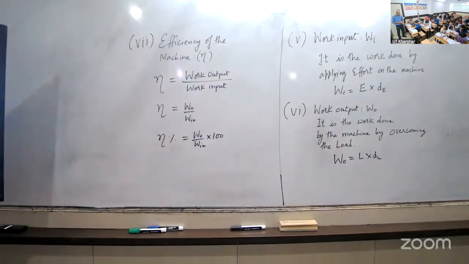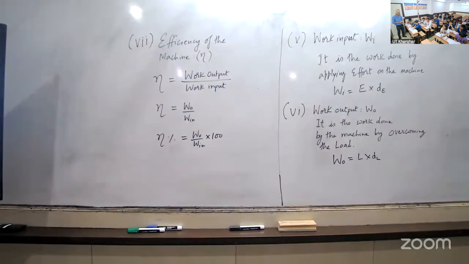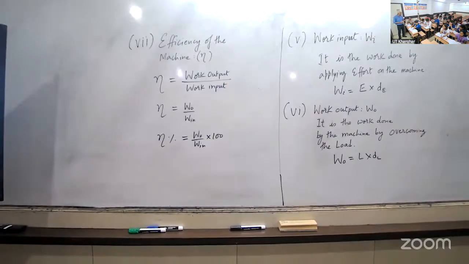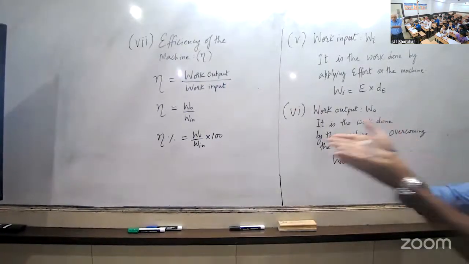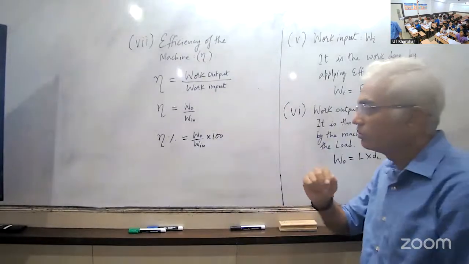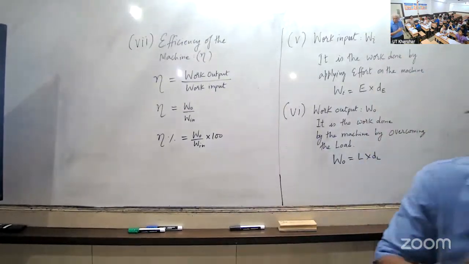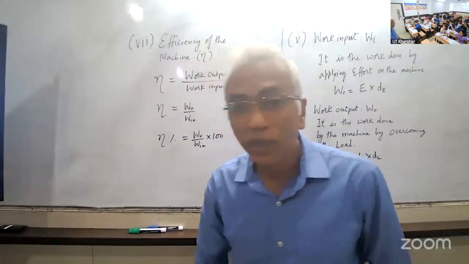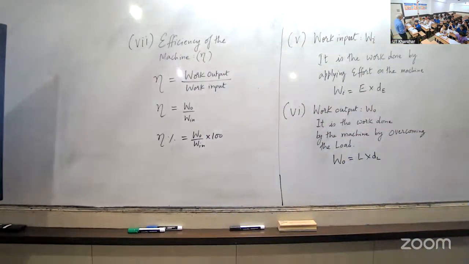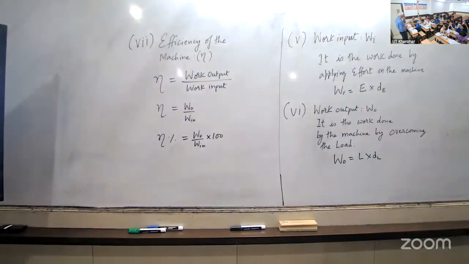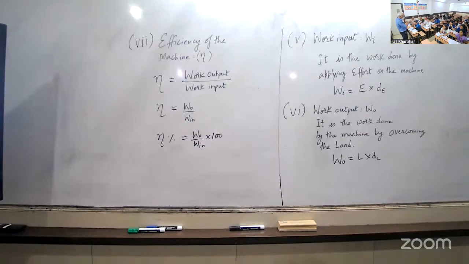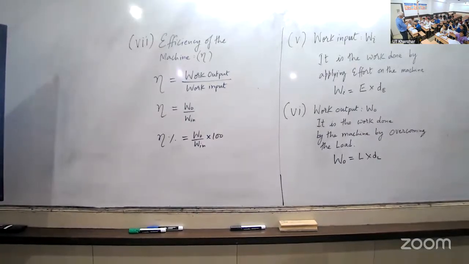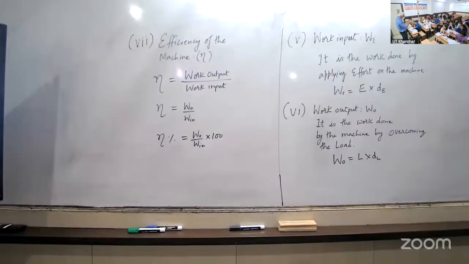So what should be the efficiency for an ideal machine or a perfect machine? 100%. Whatever you are investing in it, everything is delivered to you as work output, but it never happens in real life. Why? Because of frictional losses. Machine has got moving parts. Okay. So every energy that you are supplying into the machine will not be converted into useful outcome.